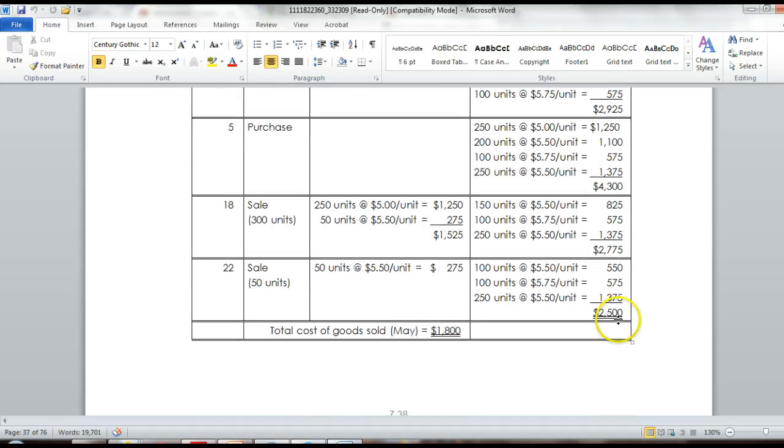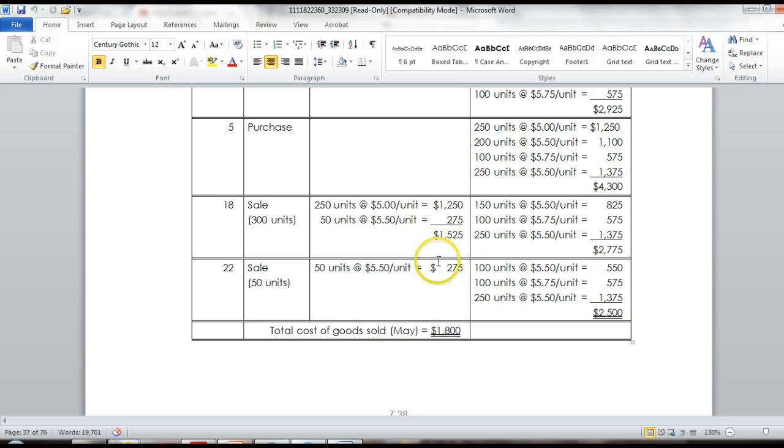Then you see we sold an additional 50 units. Well, when we look at those 50 units, we can take those from the 150 units sitting here at $5.50 a unit.